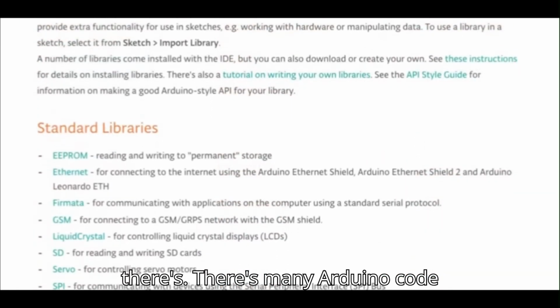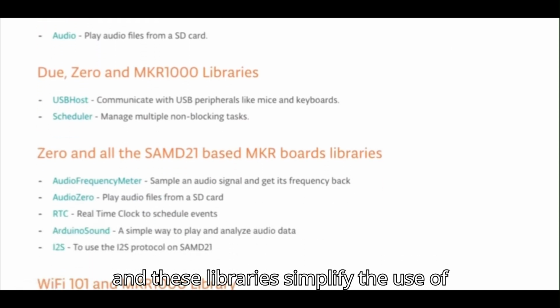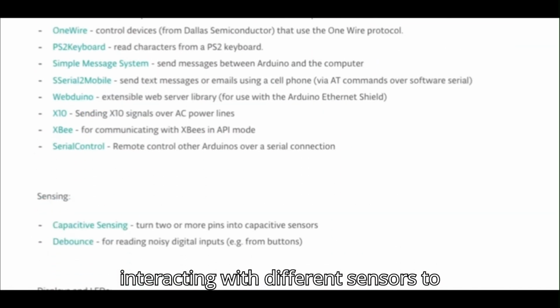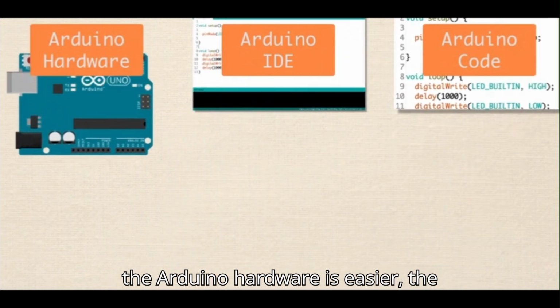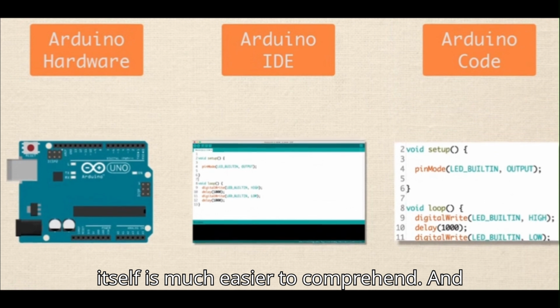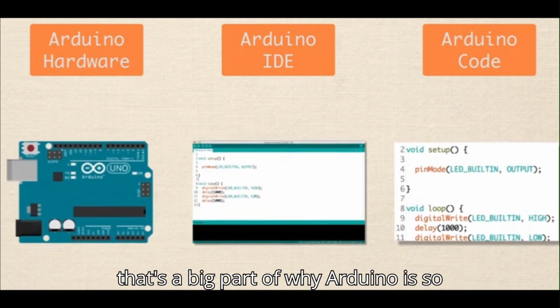In addition, there are many Arduino code libraries that you can install and use. These libraries simplify the use of all different types of components, from interacting with different sensors to controlling tons of different outputs. So the Arduino hardware is easier, the Arduino IDE is simpler, and the code itself is much easier to comprehend. That's a big part of why Arduino is so popular.